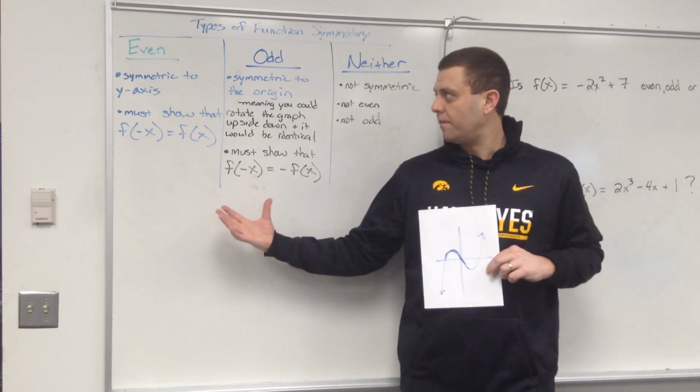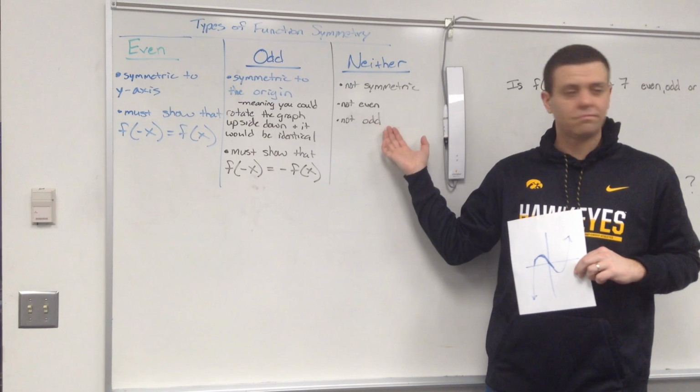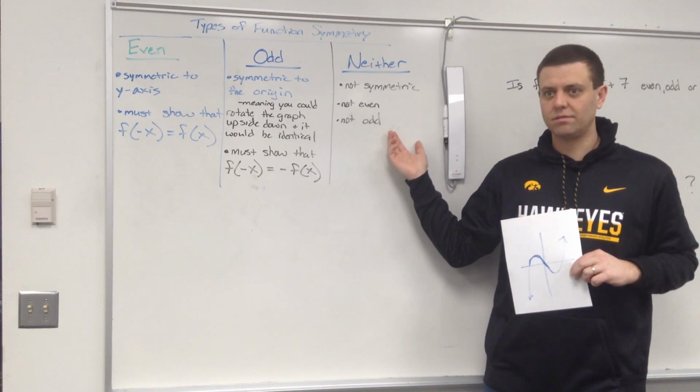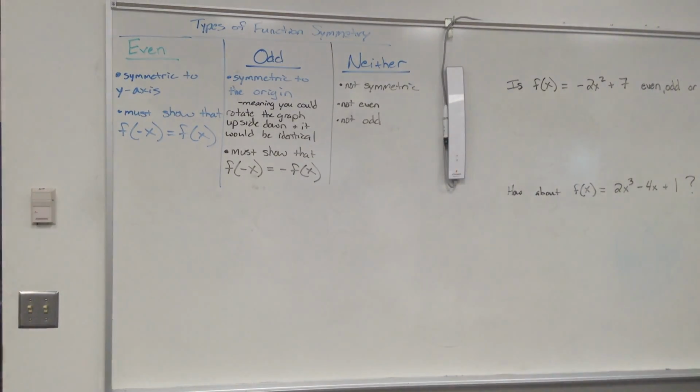Now, if you have a function that's not even and it's not odd, well, very basic, it's just neither then. So when we ask you what type of symmetry does a function have, your answer is simply going to be even, odd, or neither, and you're just going to have to show me algebraically which one it is. Any questions so far?